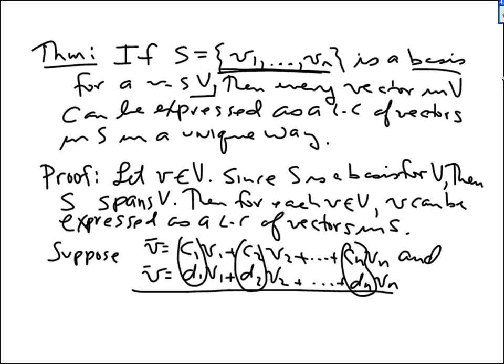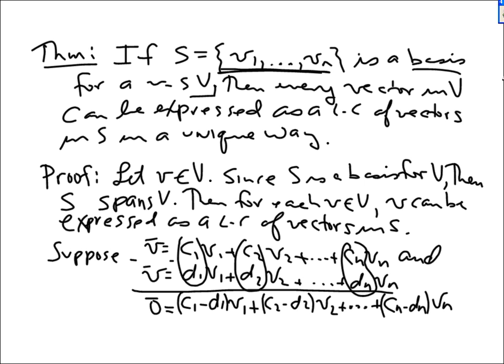Vector v minus vector v gives you the zero vector. On the right side, when we subtract, we get C1 minus D1 times V1 plus C2 minus D2 times V2 all the way down to Cn minus Dn times Vn. So let's see what we have. We have a linear combination of V1 through Vn that equals a zero vector. But wait a minute. V1 through Vn is the basis for V.